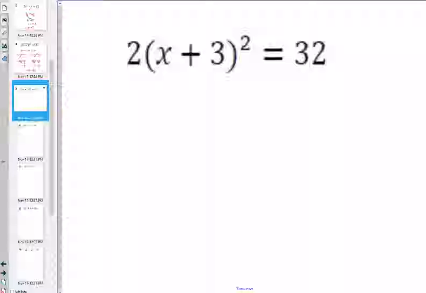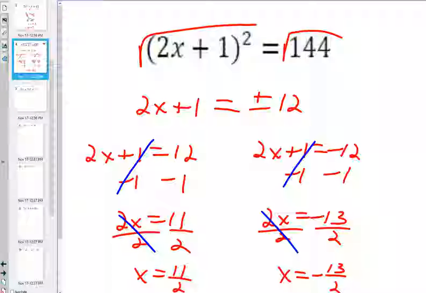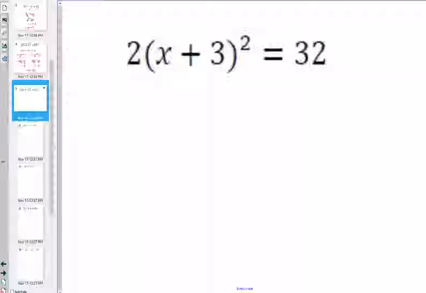Just as important as understanding what method to use is actually how to use the method. On the last one that we did, our first step was to get rid of the square. What would my first step be here? No, definitely don't want to distribute. The whole point of this is to avoid distributing. Yeah, it's to get rid of the 2 on top. Not by distributing.